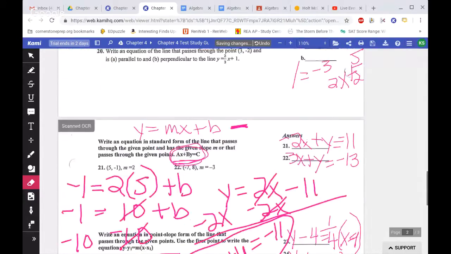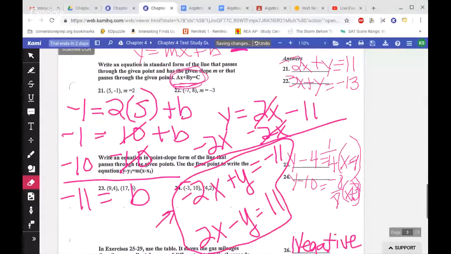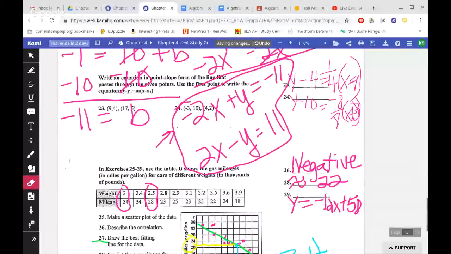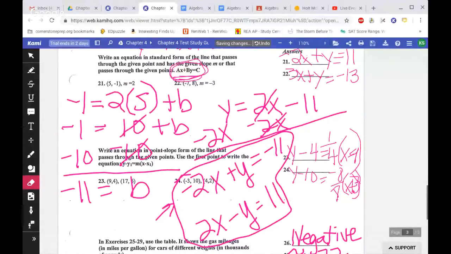I just feel so bad, but I'm not going to be able probably to erase this at all either. What I'm going to have to do is post me working each one of these out.